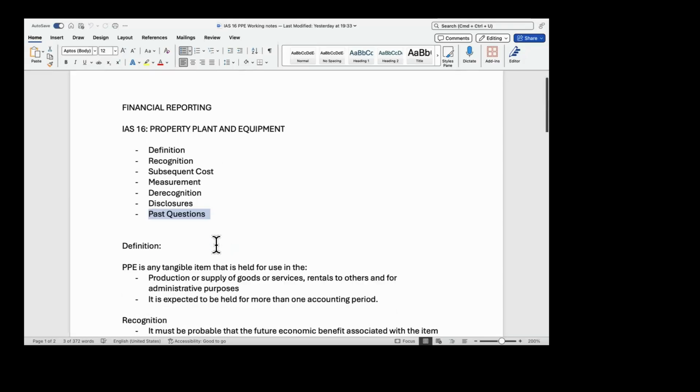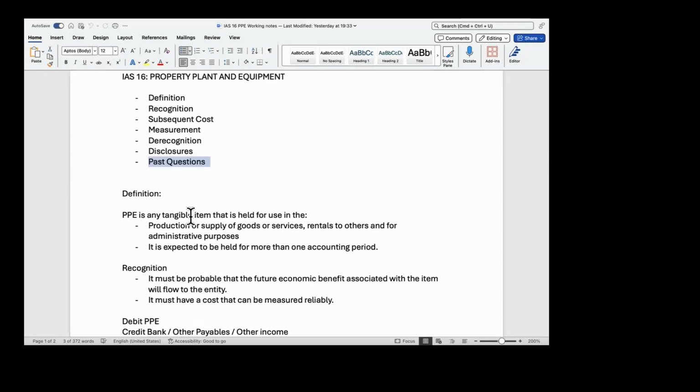Now, I defined PPE to you last week as any tangible item that is held for use in the production or supply of goods or services, rentals to others, and for administrative purposes, and it is expected to be held for more than one accounting period.